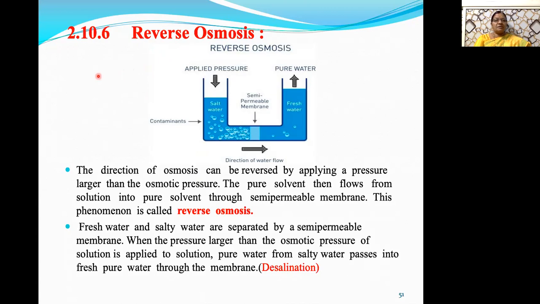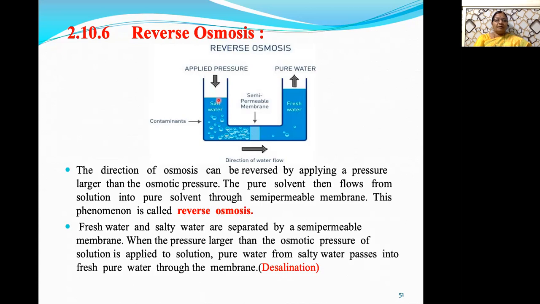That is osmosis. Now reverse osmosis means, here what happens when salt water or seawater is separated from fresh water. The direction of the osmosis can be reversed when we apply pressure on the solution side.